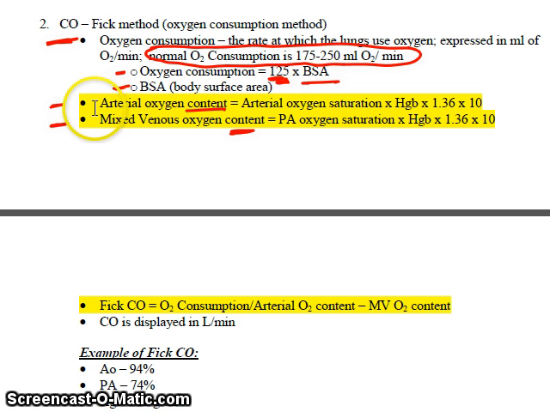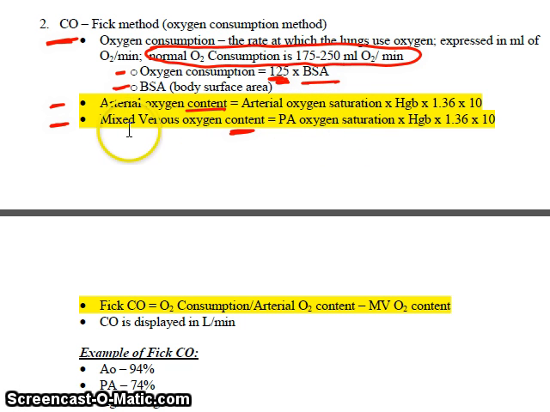Then the other variables are the arterial oxygen content and the mixed venous oxygen content. These are the first formulas you have to know, because here's what they do. They will give you the oxygen saturation, your arterial O2 sat and your venous O2 sat.